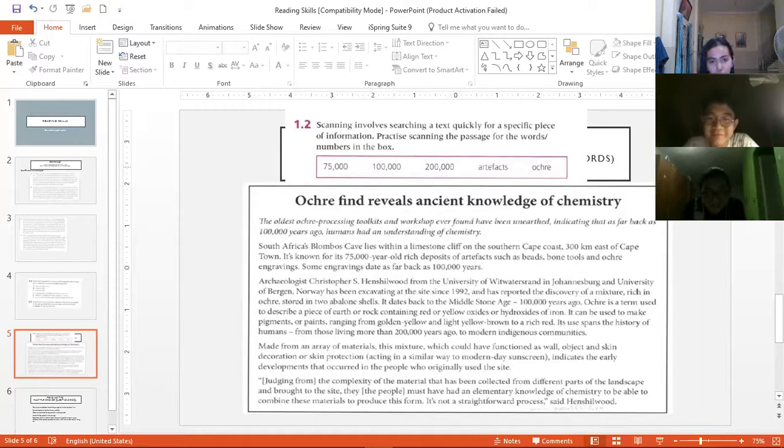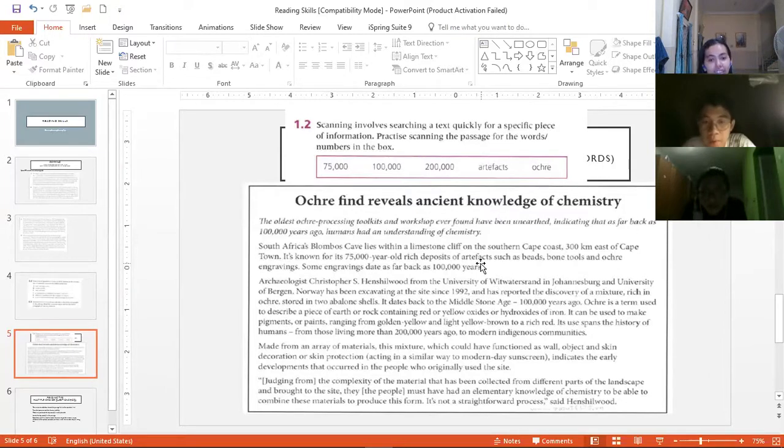Artifacts, where can you find the word artifacts? First paragraph? Second? Yes. First paragraph, okay. Where is it? "Year-old rich deposits of artifacts such as."